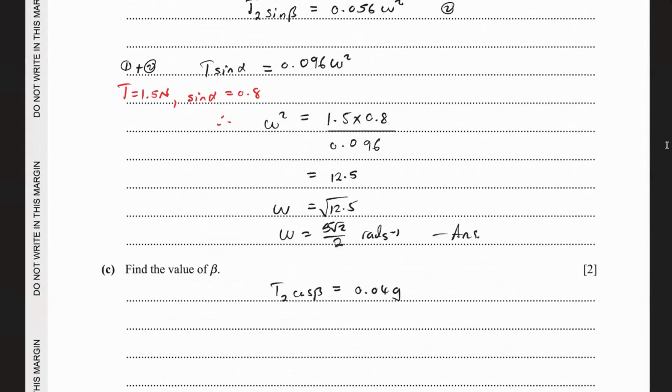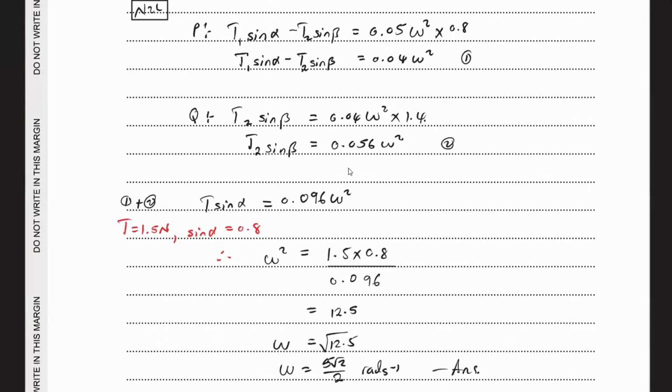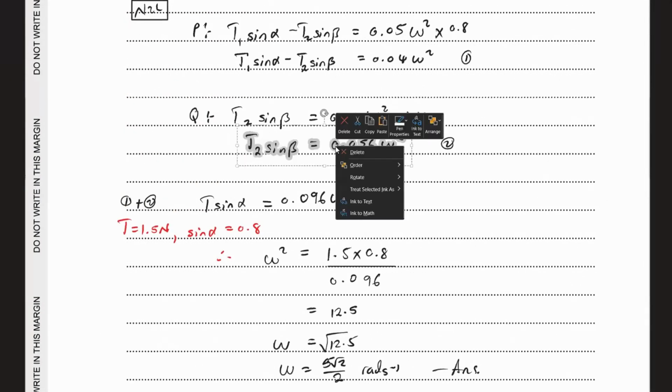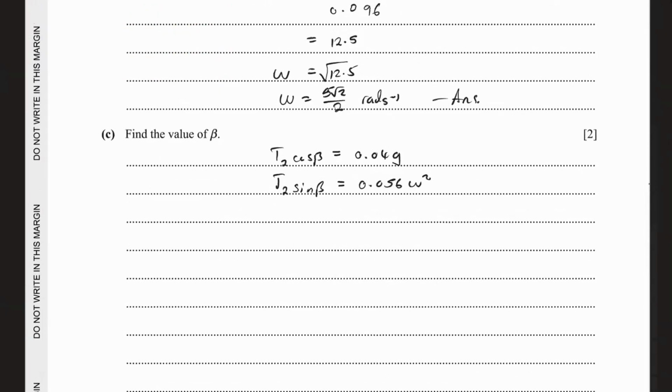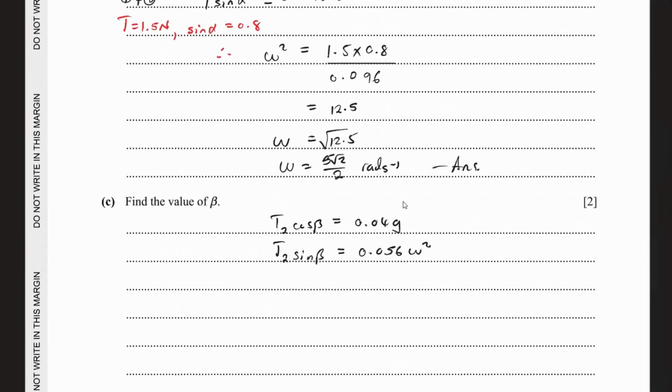And we actually got T2 sine beta here. So these are the two. And this was omega squared, right? Omega squared is 12.5 according to what we have right above. So this is times 12.5.